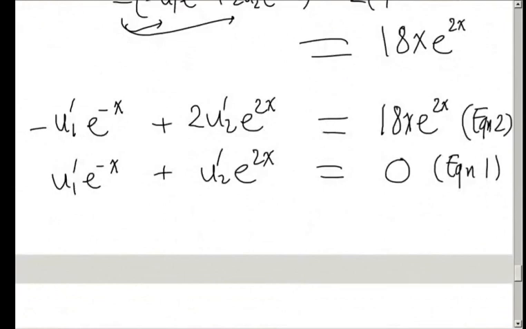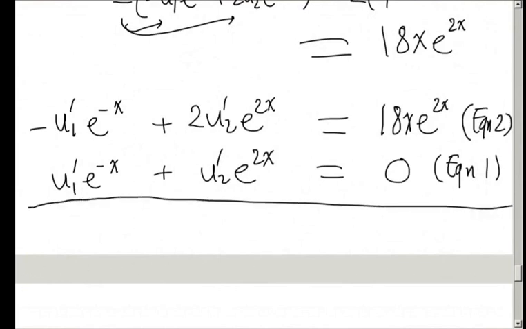So we solve for u1 prime and u2 prime by the method of elimination. And in fact, in this case, it is easy to see what we should do. I would add these equations up. Then the first two terms cancel out. And then we just have 3 u2 prime e to the 2x equals 18x e to the 2x.